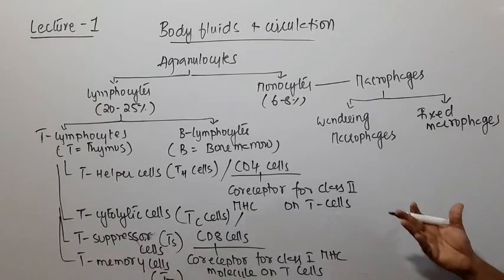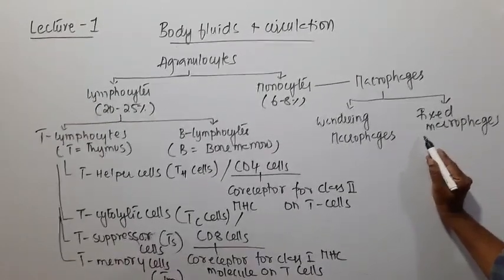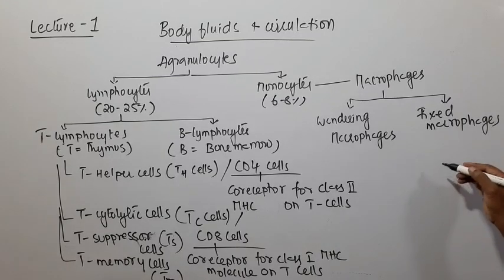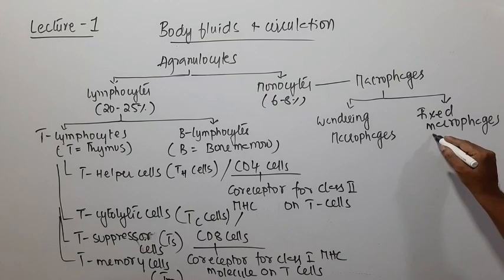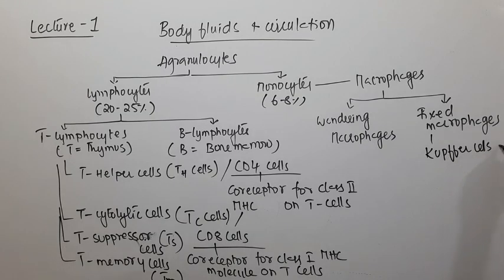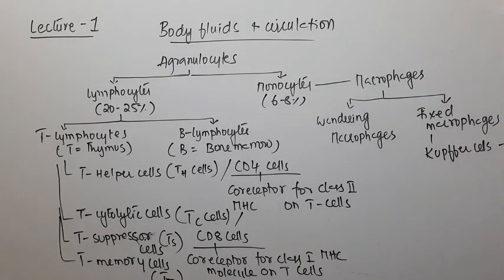If those macrophages are only present in the tissues, we call them fixed macrophages. If they are moving all around the body, we call them wandering macrophages. One example of these fixed macrophages is the Kupffer cells in liver. So the Kupffer cells in liver are fixed macrophages.